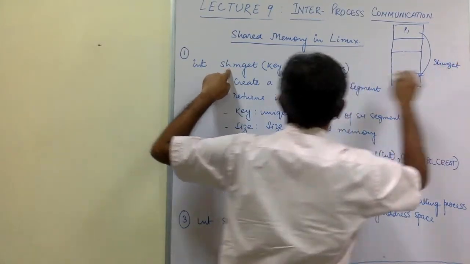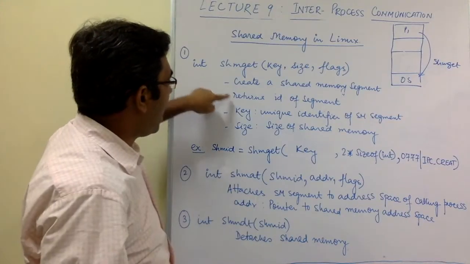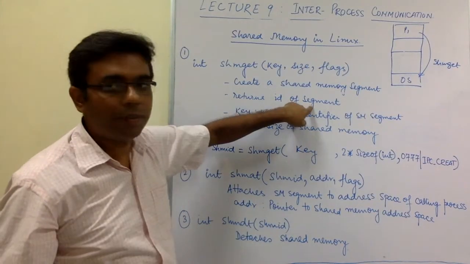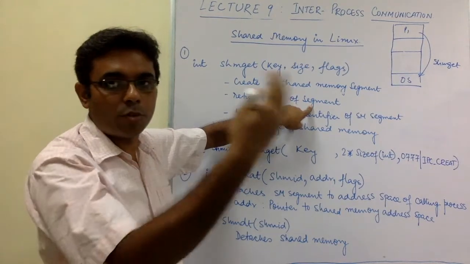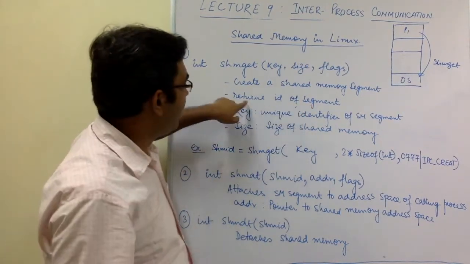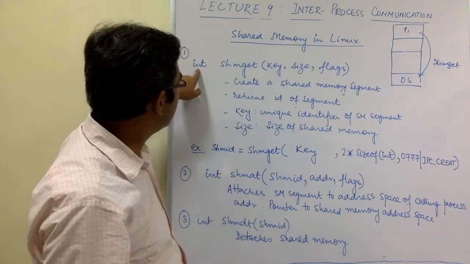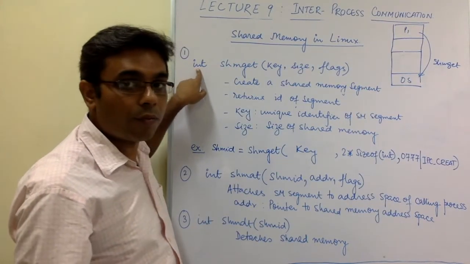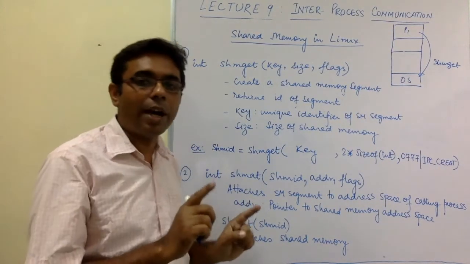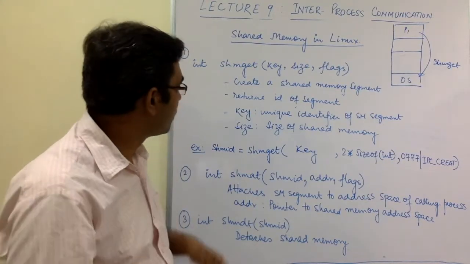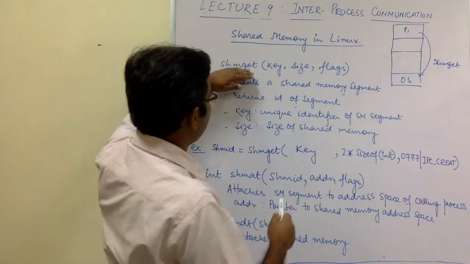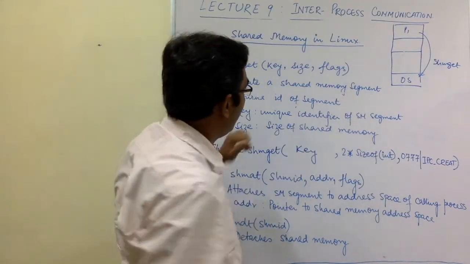It's a request put, and what it returns is the ID of the segment. So the ID of the segment that has been provided by the operating system to the process P1 is returned, and it is of data type integer. And what does shmget take as arguments?